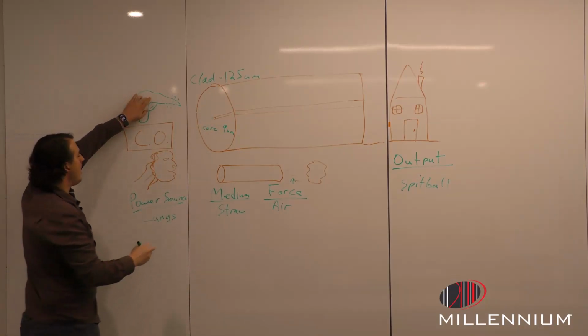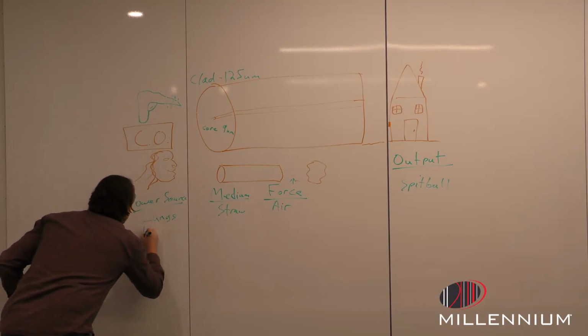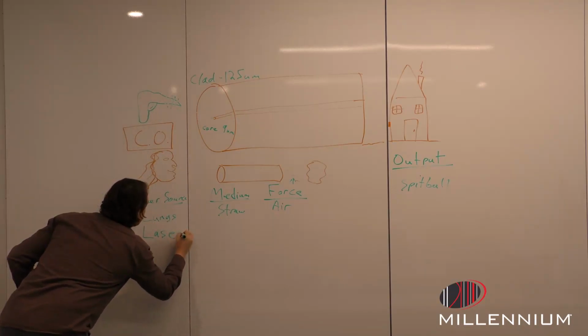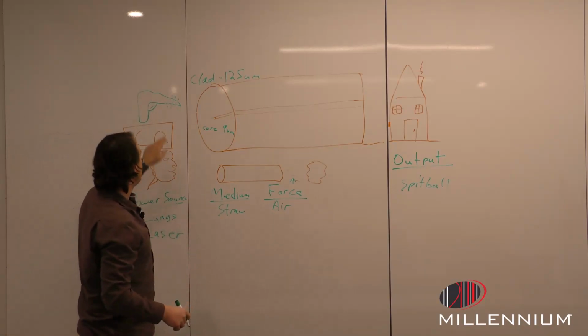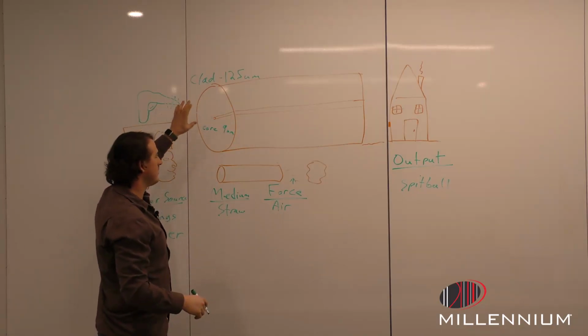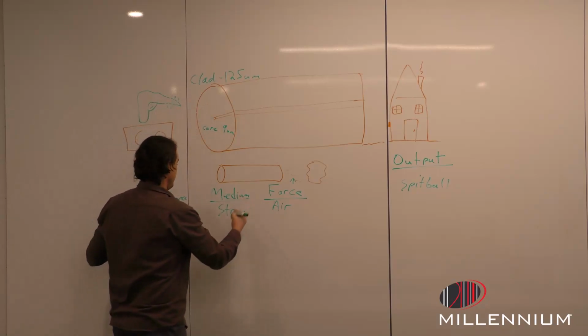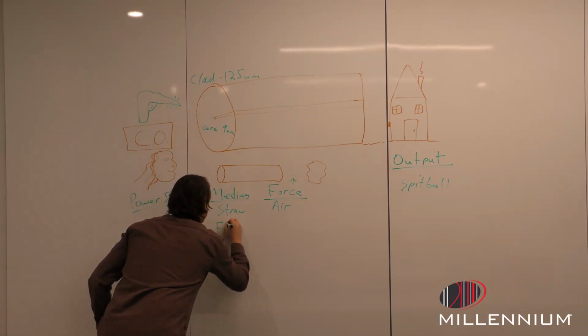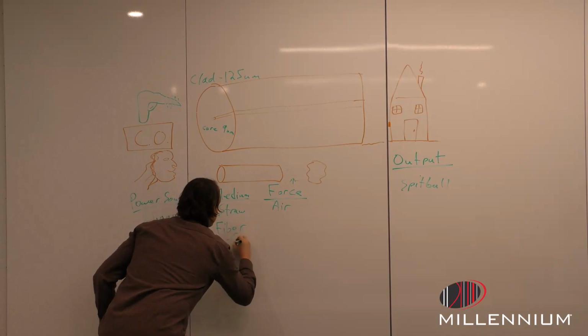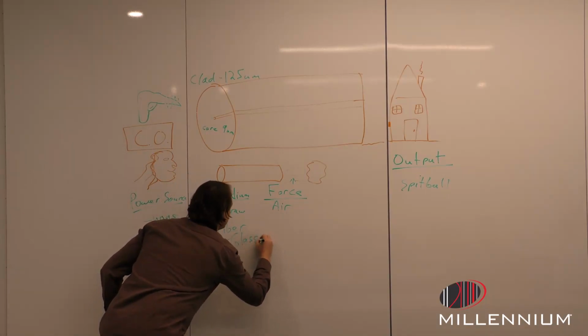So this is our power source, this laser. And that laser is shooting, for fiber to the home with fiber cables, into our fiber, which is a glass core.